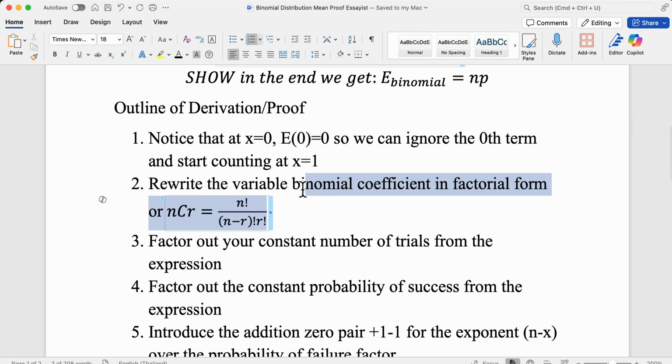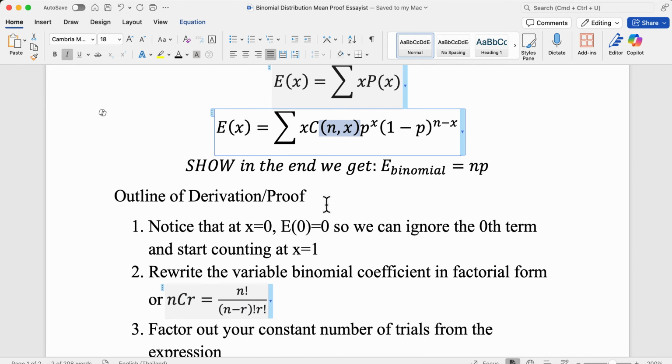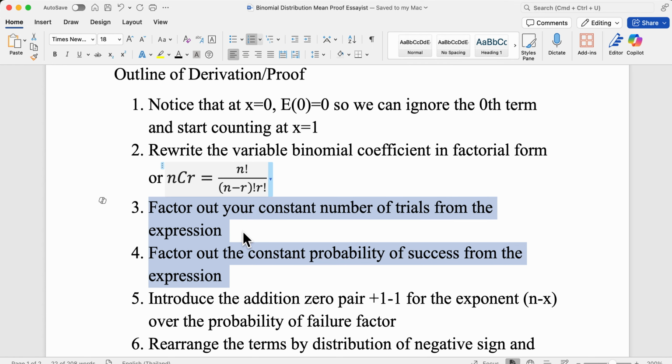After that, we rewrite the binomial coefficient in factorial form, which is this thing here. Now, because the binomial events are independent, we expect to get a constant answer that doesn't depend on the variable. So we're allowed to intentionally factor out a single factor of n and p in order to cheat.